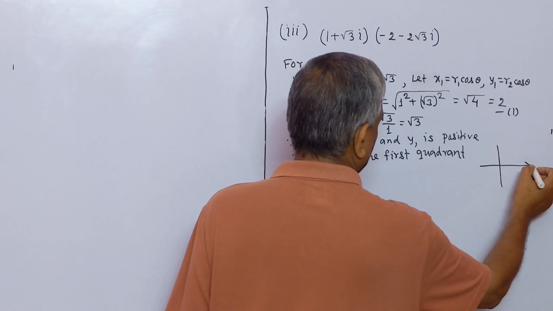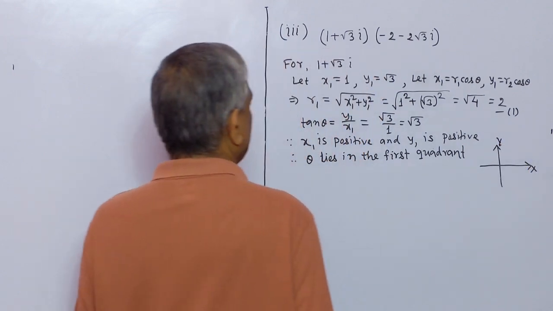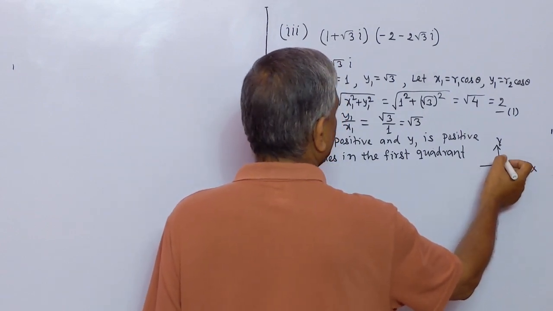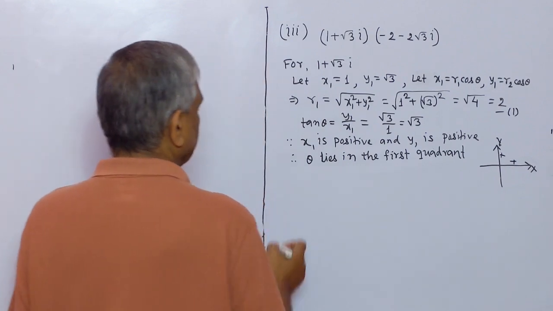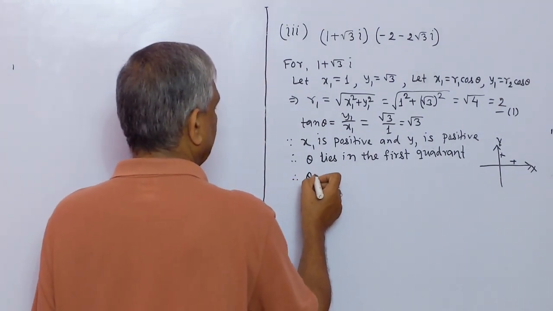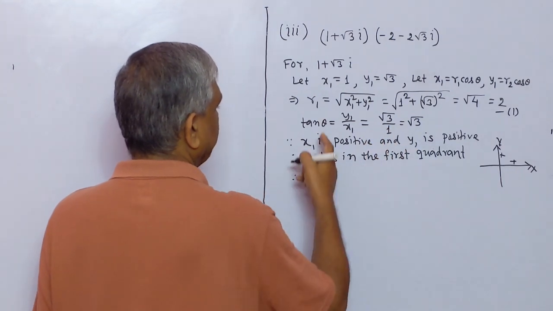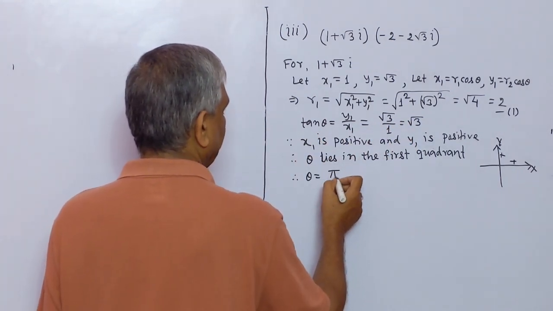Here this is x, this is y. Here x1 is positive 1 and y1 is positive square root 3. Therefore tan theta equal to square root 3 gives theta equal to pi by 3.